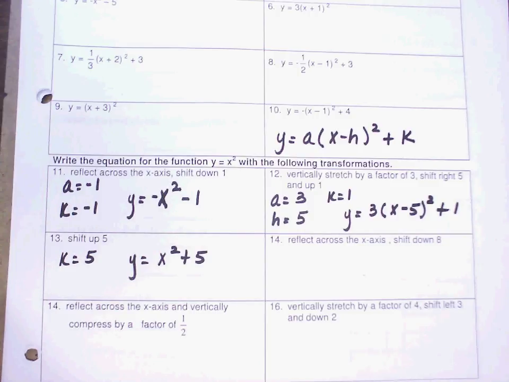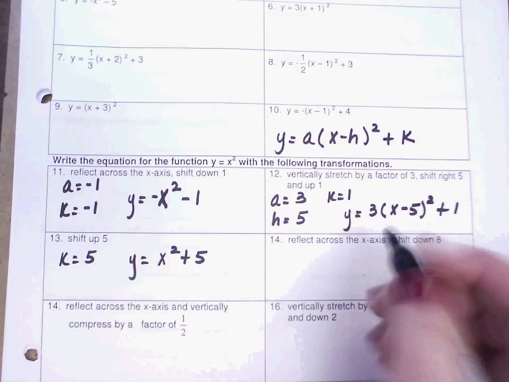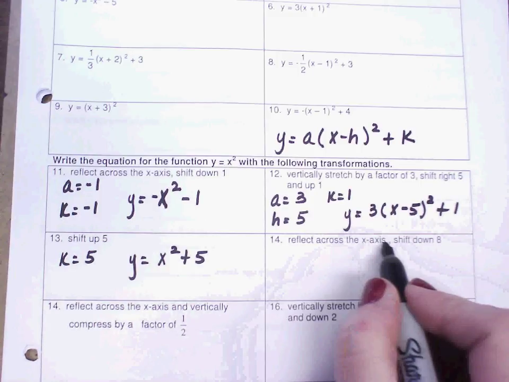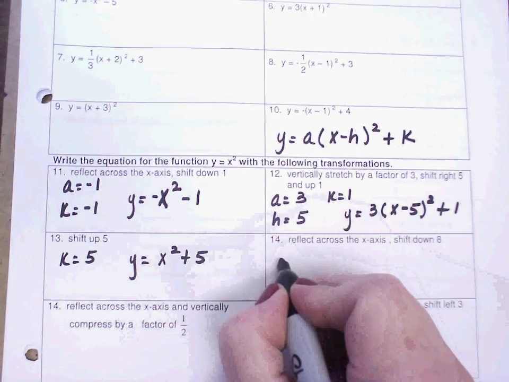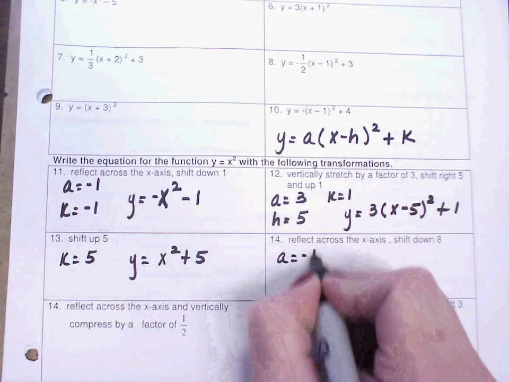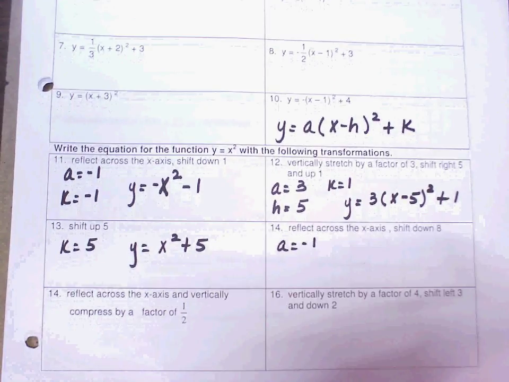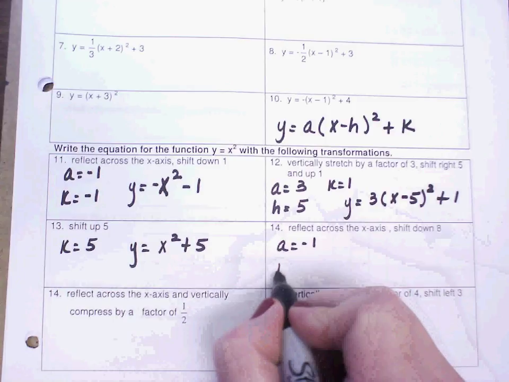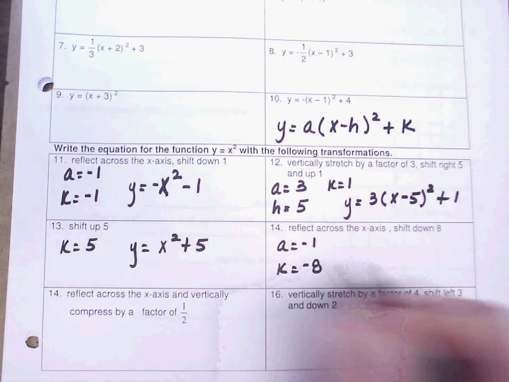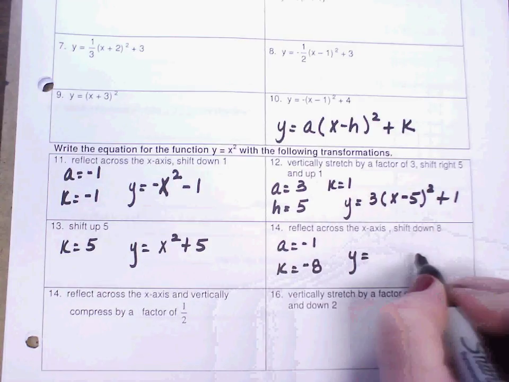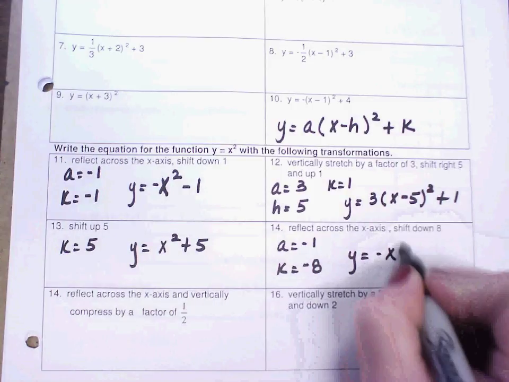Remember, you go to the parent function, which is y equals x squared. That's what you start out with. All right, reflection across the x-axis, so a equals -1. Shift down 8, k equals -8. All right, so what's my equation? There you go. All right, next two as a group, go.